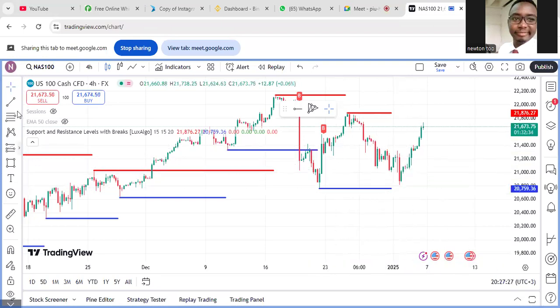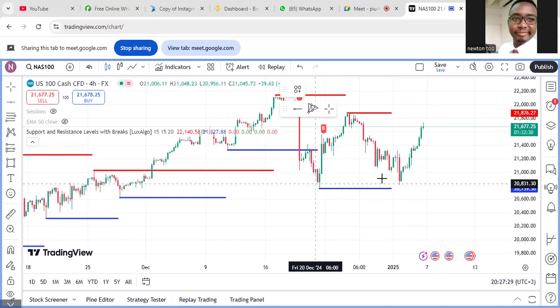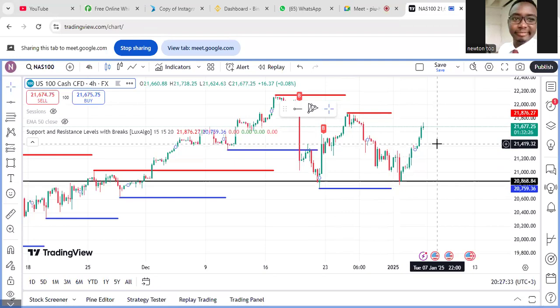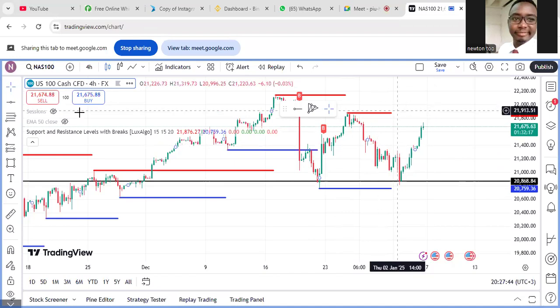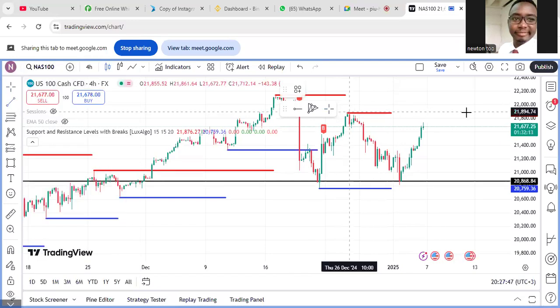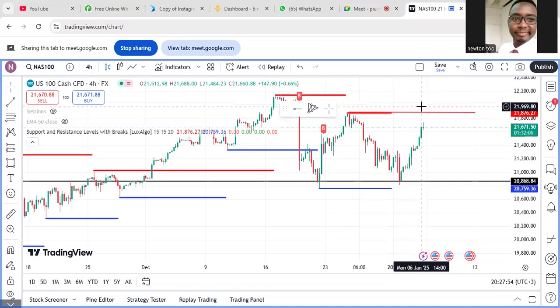So here, first you got a very nice entry. You bought it. So if you bought it here, where are you going to set your TP? You're going to set your TP on the next reversal region here. Then here, if the market comes here and reacts with a bearish candle, then sell.